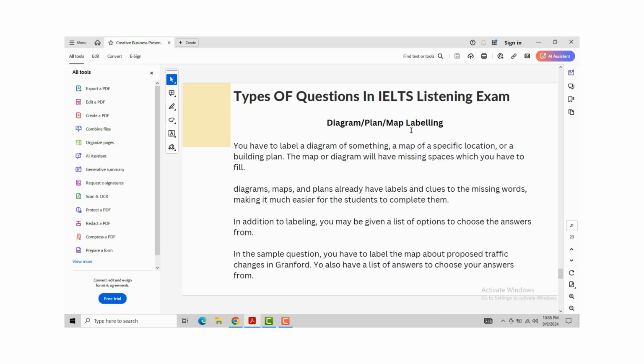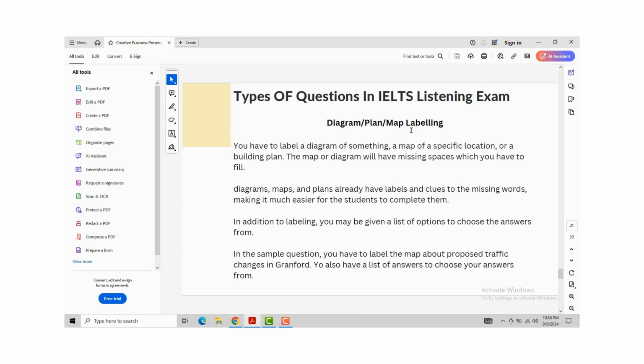Diagrams, maps, and plans already have labels and clues to missing words, making it much easier for students to complete. Keep one thing in mind, that you don't have to label the entire diagram or plan. Some part of the diagram or map will already be labeled, making it easier for you to label the missing information. In addition to labeling, you may be given a list of options to choose the answers from.